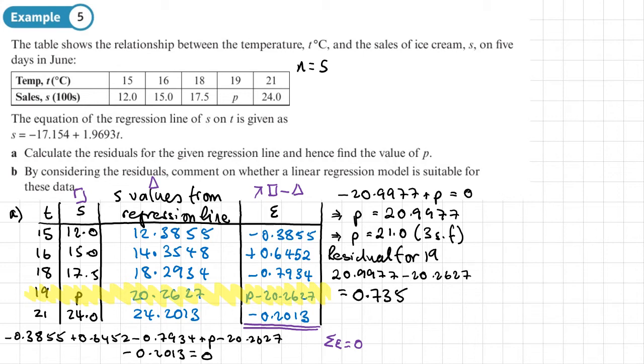So let's just highlight our value for P here. That's the exact value. There's the 3 significant figures, and this is what we get for the residual for 19.